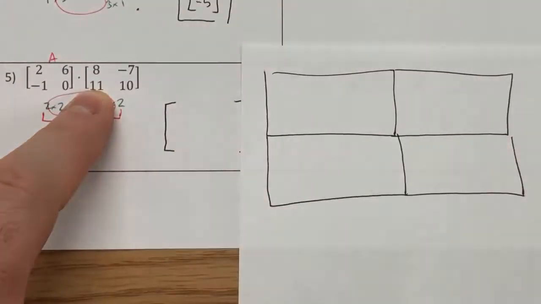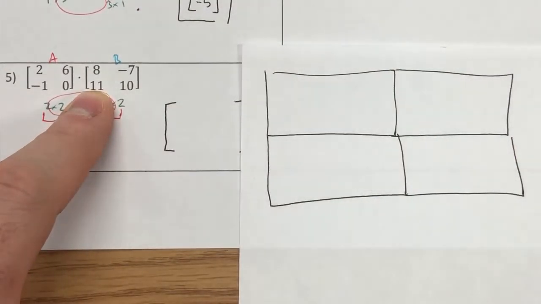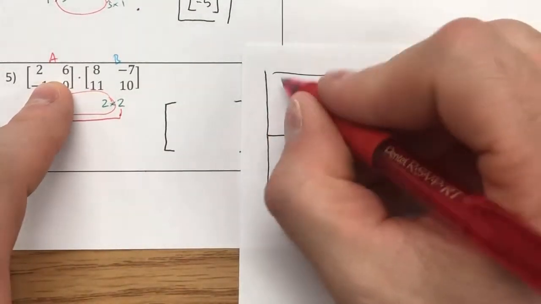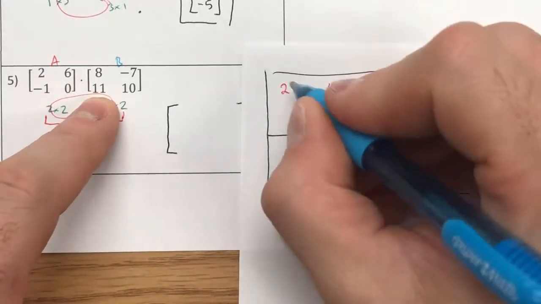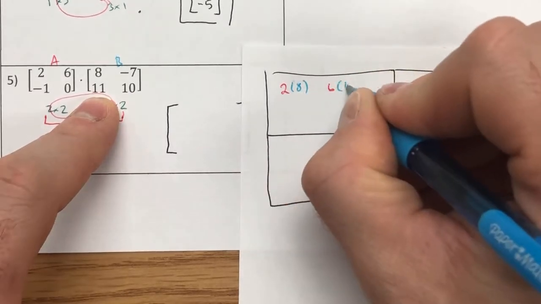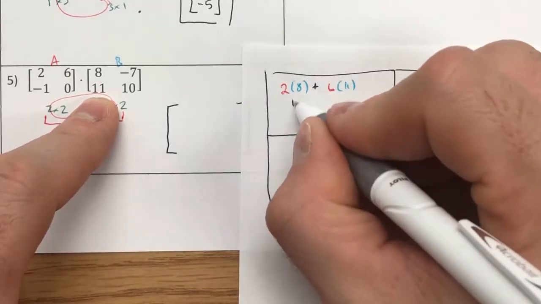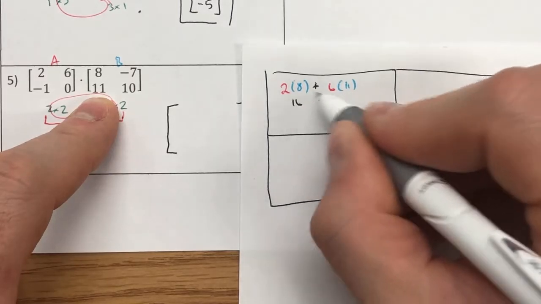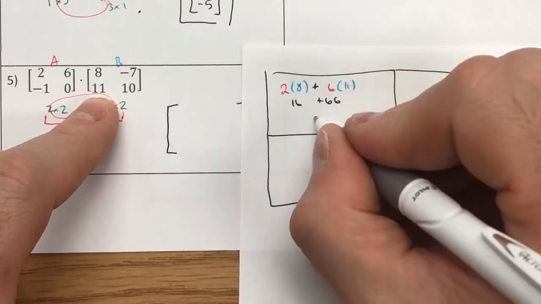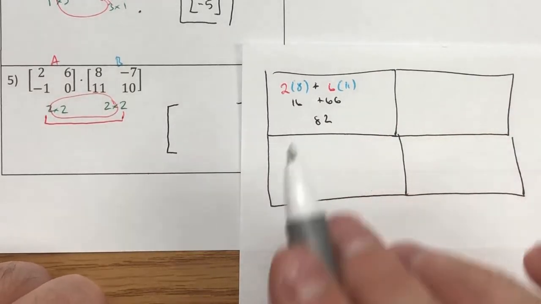We've been doing this as an A and this as a B, which means first row is going to be 2 and a 6 times first column, which is going to be times 8 and times 11. And we're going to add these up. 2 times 8 is going to give me 16 plus 66. This is going to be, let's see, 76 plus 82. There we go. So 82 is going to be what goes in my matrix.